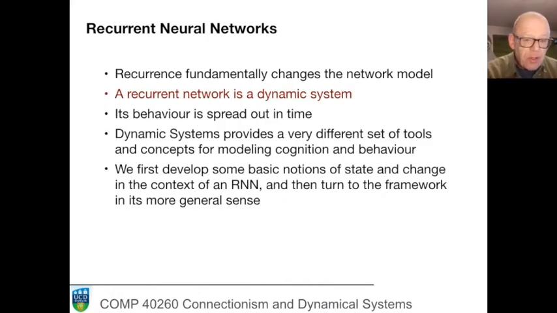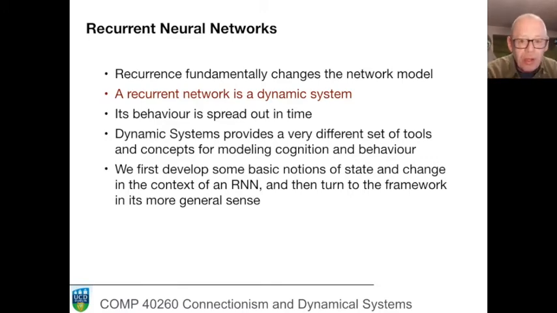The introduction of this cyclic nature, such that the hidden unit activations now are computed based not only on the input but on their own previous state, changes this into a dynamical system. And we need to understand the values as they change within the network as they are spread out over time.